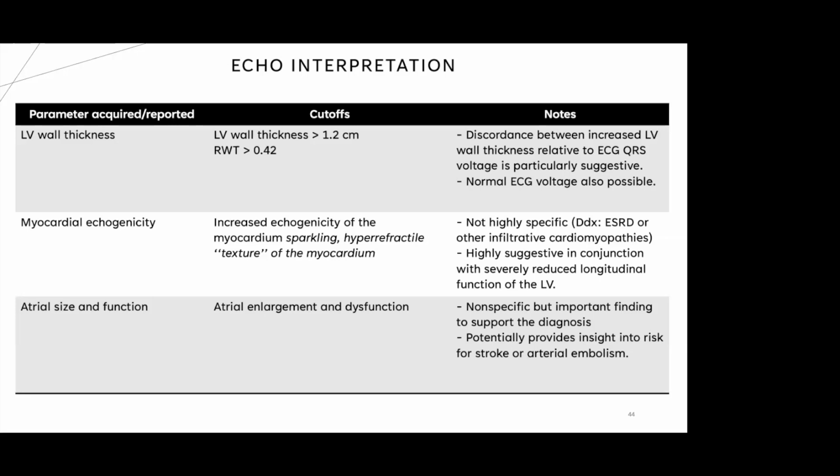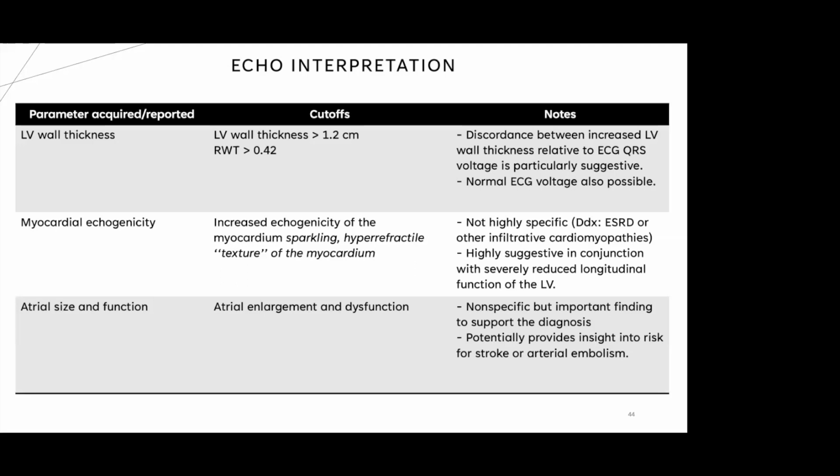The echogenicity of the myocardium, as we saw, has that sparkling hyperrefractile texture, but this isn't only seen in cardiac amyloid. We can see it in patients with end-stage renal disease and other infiltrative cardiomyopathy, so look at it in conjunction with the other findings on our echo. Atrial size and function: the atria are going to be large. They might have lower function.